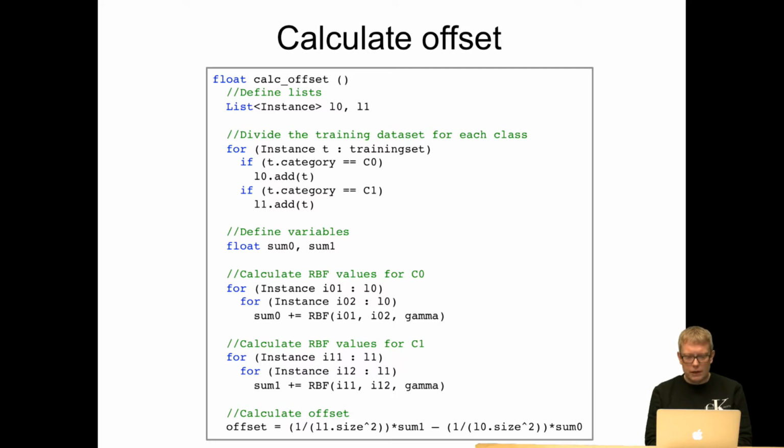And last, we calculate the offset value as 1 divided by the square size of all examples belonging to category 1 multiplied by sum 1, minus 1 divided by the size of all instances belonging to category 0 and square it, multiplied by sum 0.